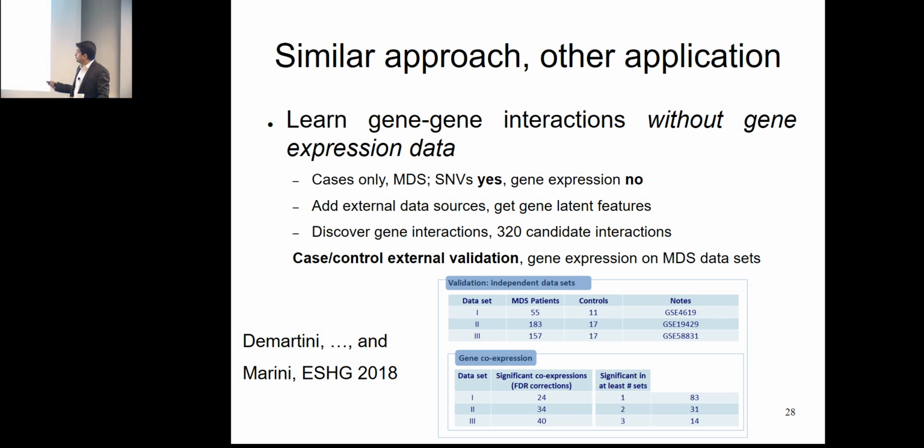is to take external data sets. Okay, let's go to GEO and look for MDS data sets that have controls and gene expression. Now, since these 320 candidate interactions come from cases only, I expect some of them to be interactions that happen in any bone marrow cell, including the healthy ones.